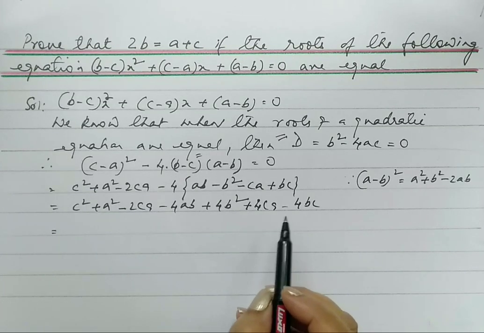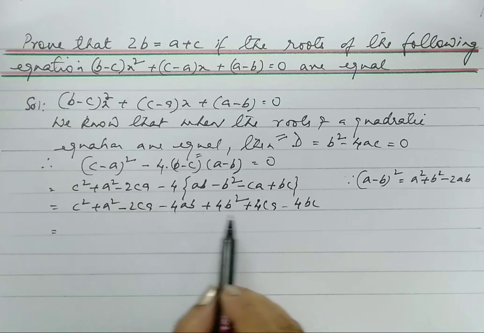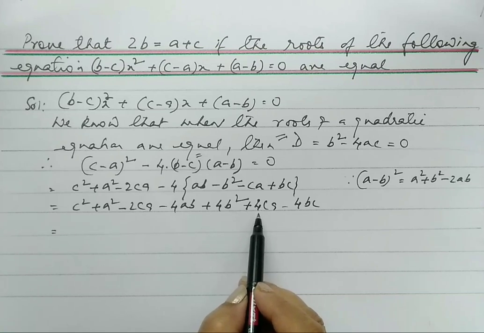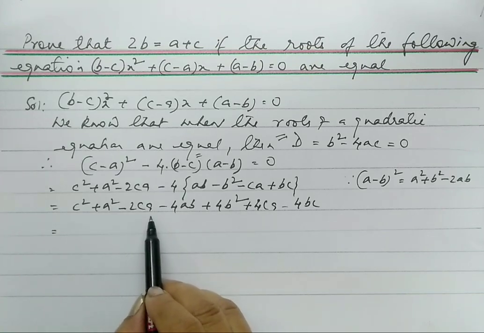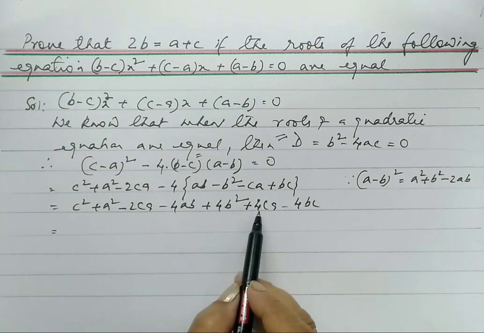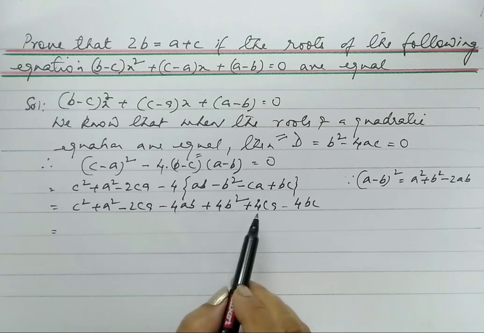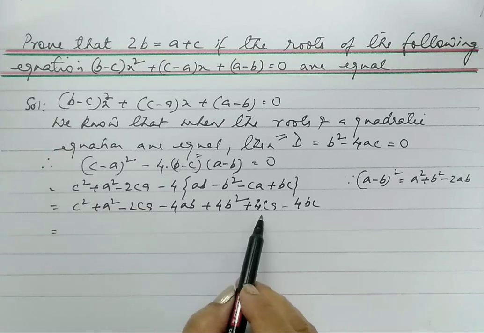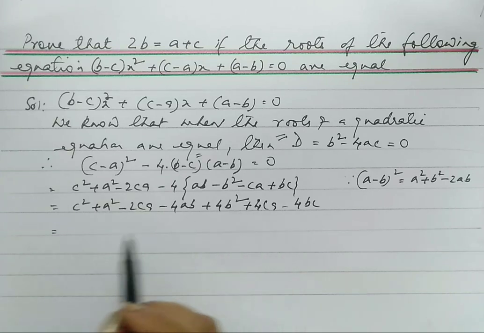Hence, we find that we have something very relatable. How? Because if this is 4ca, we have a minus 2ca here. So in that case, if we were to add 4ca to minus 2ca, we get 2ca as positive here.